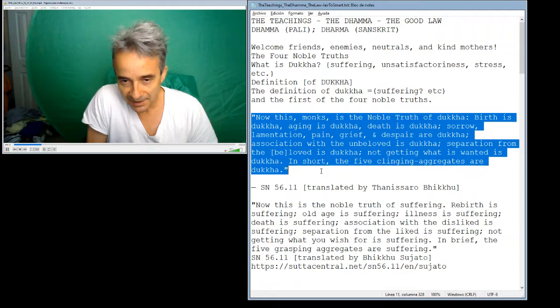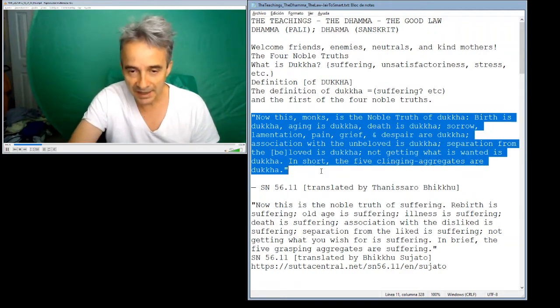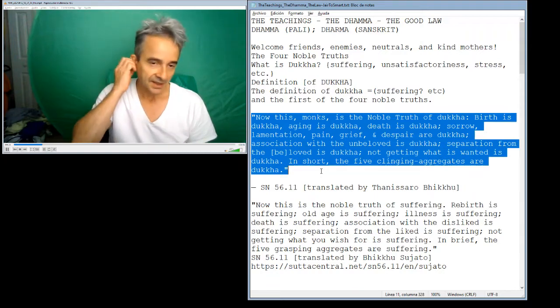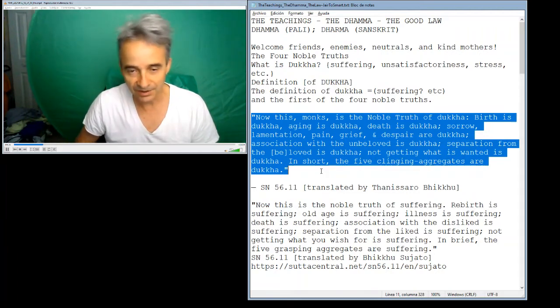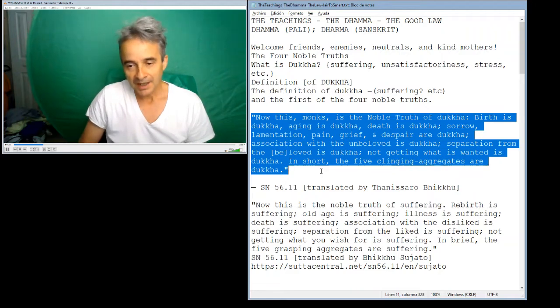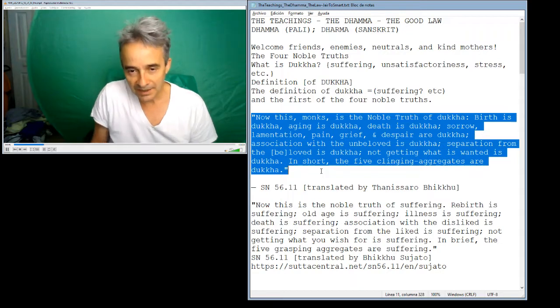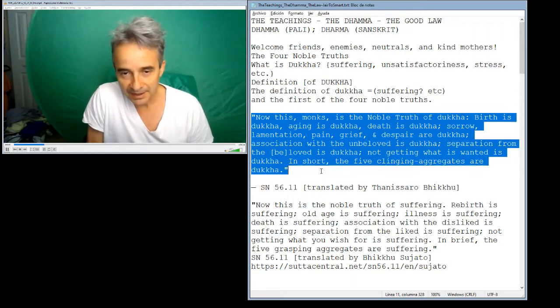In there, in what is called the Samyutta Nikaya 56.11, there's this verse that talks about this word suffering or dukkha. And in this translation or interpretation, a monk by the name of Thanissaro Bhikkhu translated or interpreted it as follows.